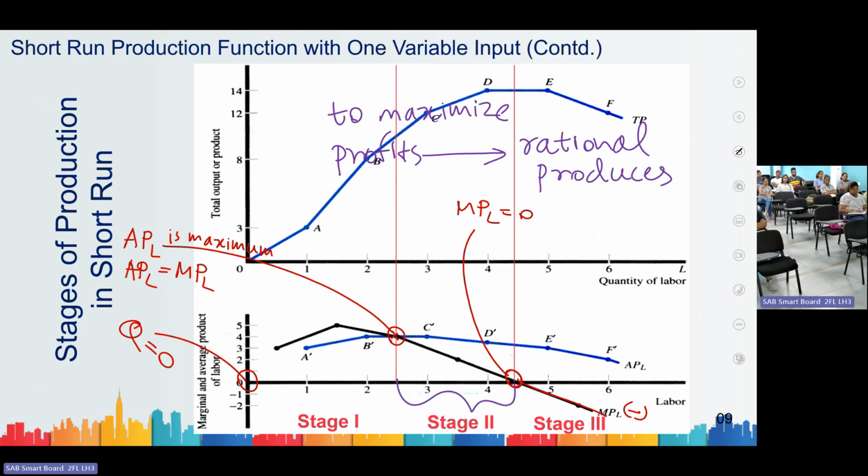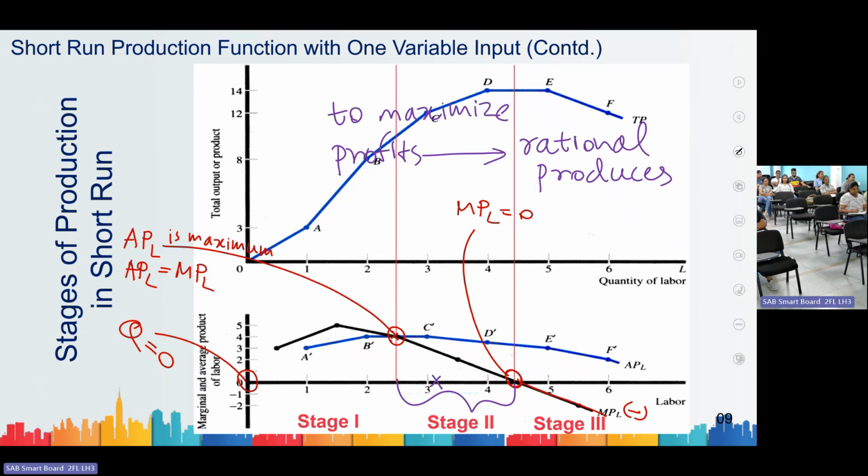So the production point will occur somewhere in stage 2.